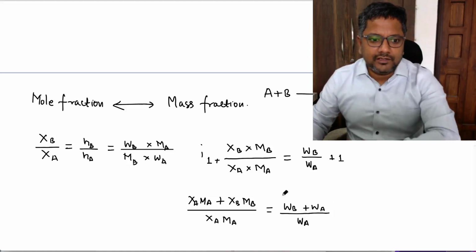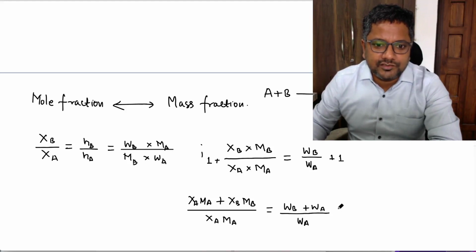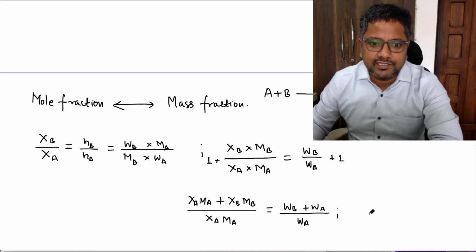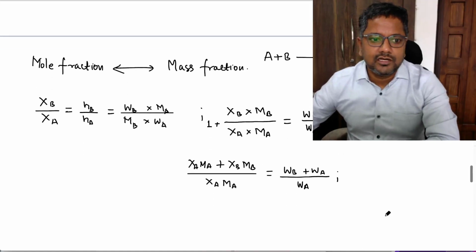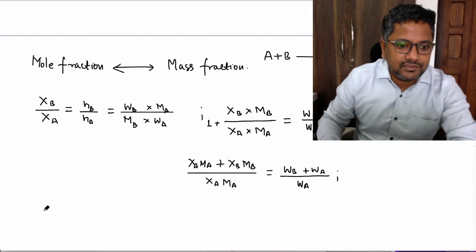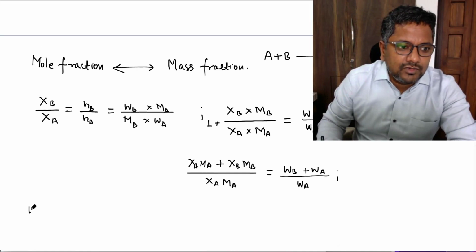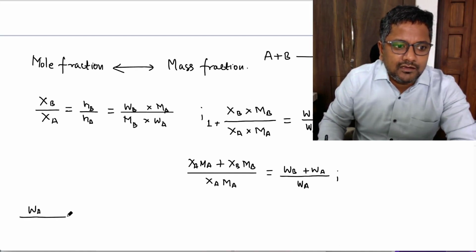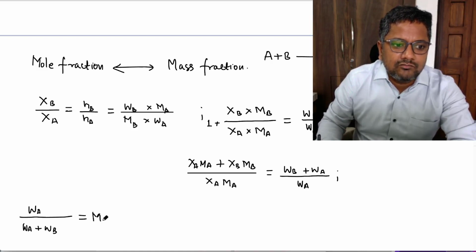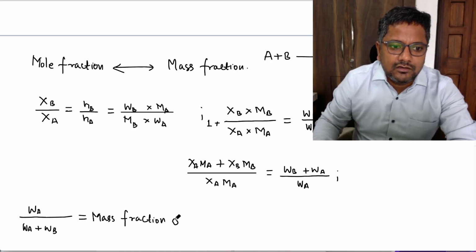And now see, make the reciprocal of this. So on making the reciprocal, what do we get? WA by WA plus WB. What can you write this as? This you can write as the mass fraction of A, right?